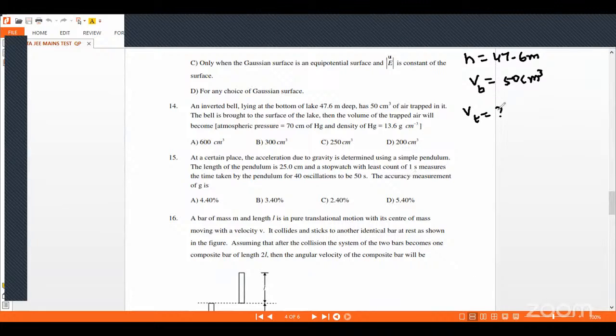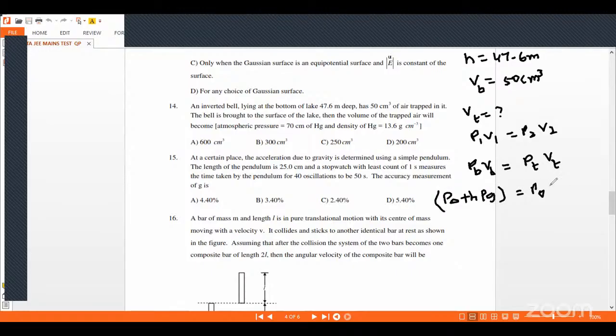When temperature is constant, we can say P1 V1 equal to P2 V2. That is nothing but pressure at the bottom times volume at the bottom equal to pressure at the top times volume at the top. The pressure at the bottom is P naught plus H rho g, and at the top we have P naught times Vt.